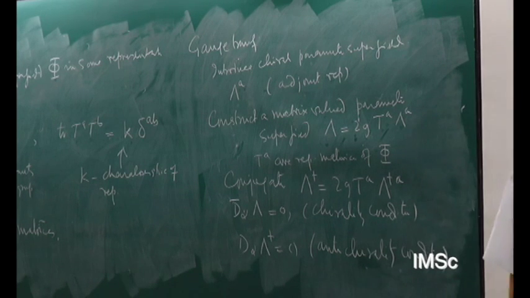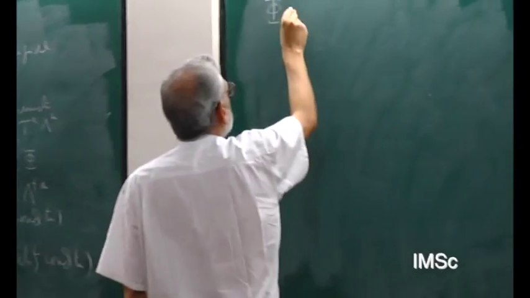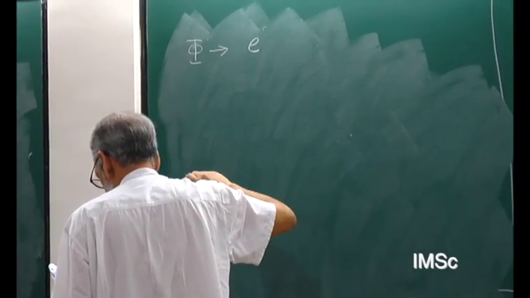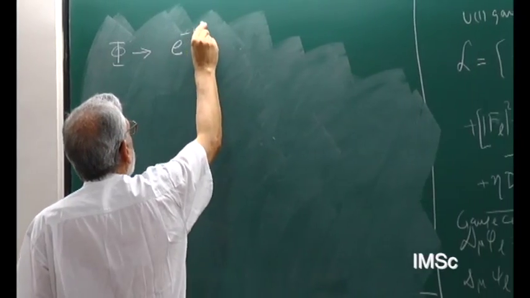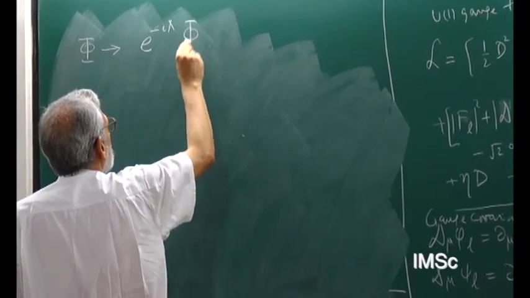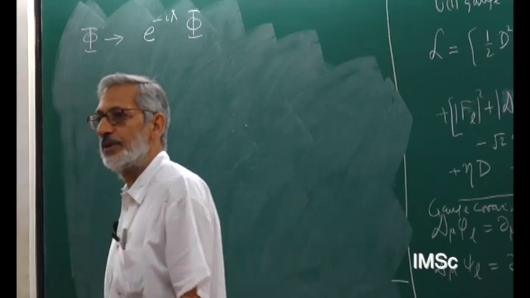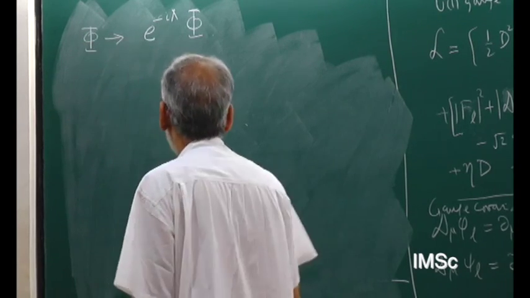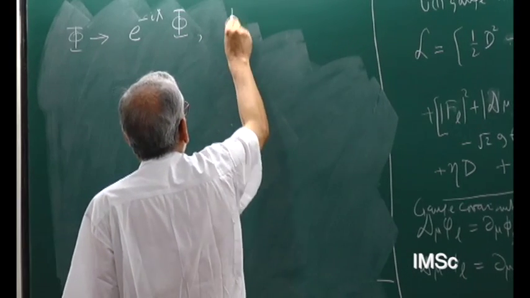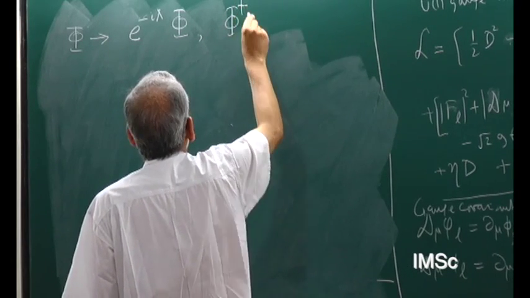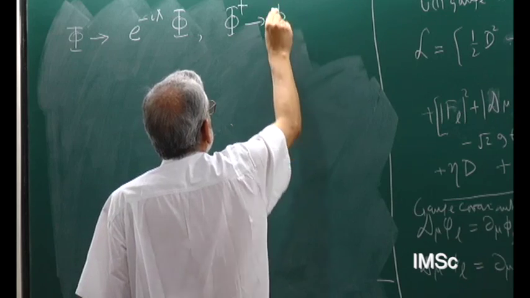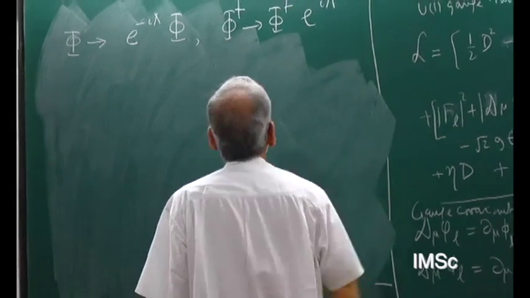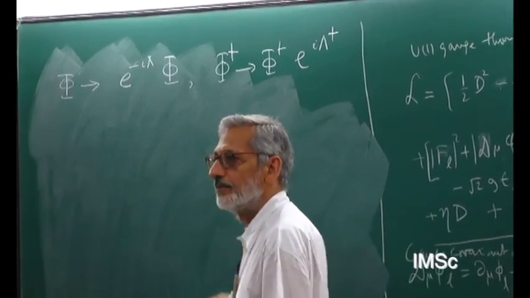So now how does Phi change? Superfield Phi goes to exponential of minus i Lambda on Phi under gauge transformations. And the conjugate superfield Phi dagger goes to the conjugate of that.